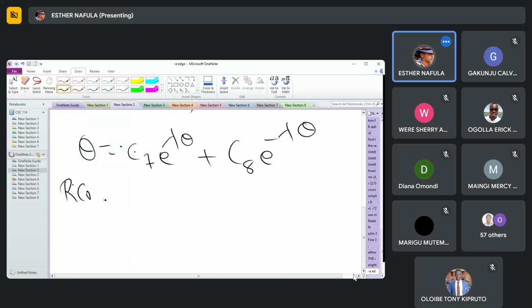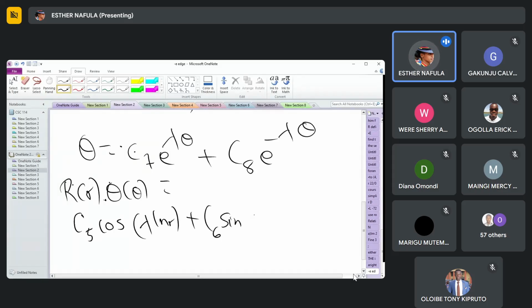You can form your capital R of R, theta of theta by taking the product. What was our R? C5 cos lambda ln R plus C6 sin lambda ln R. This quantity times C7 e to the lambda theta plus C8 e to minus lambda theta.